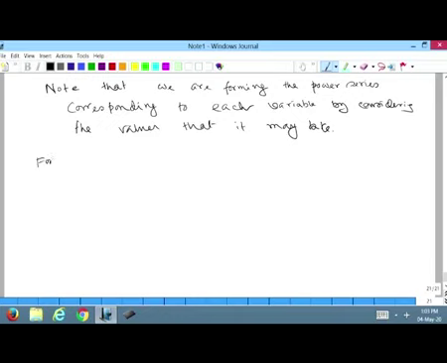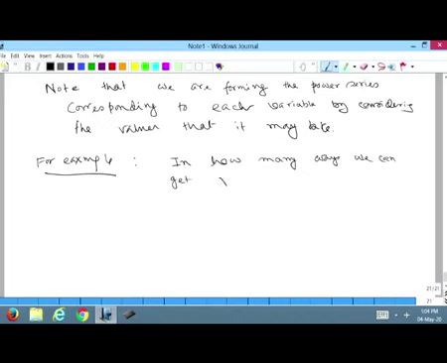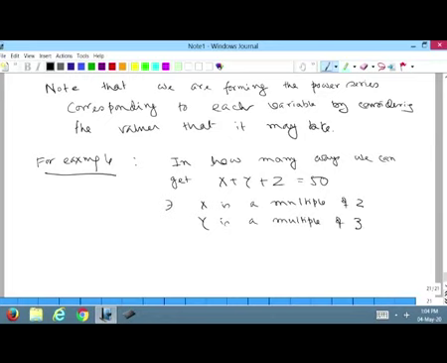For example, suppose we have the problem: in how many ways can we get x plus y plus z is equal to 50, such that x is a multiple of 2, y is a multiple of 3, and z is positive and a multiple of 5.